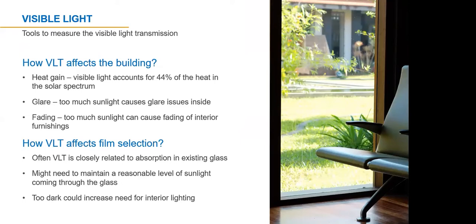The total absorption can vary from 1% on ultra clear low iron glass to over 90% on colored glass. Often then, color can be closely related to the absorption of the glass. One other thing to consider is darkening the glass too much, and you can increase the amount of lighting that the customer has to use on the interior of their home or business, which can cause an increase in their energy bills.